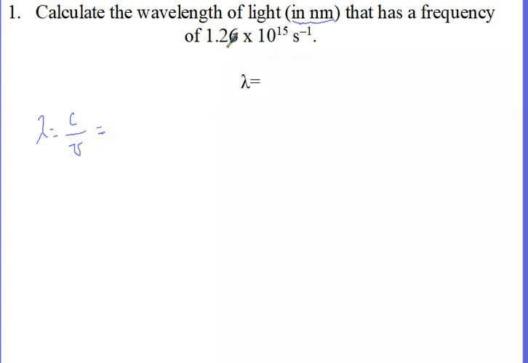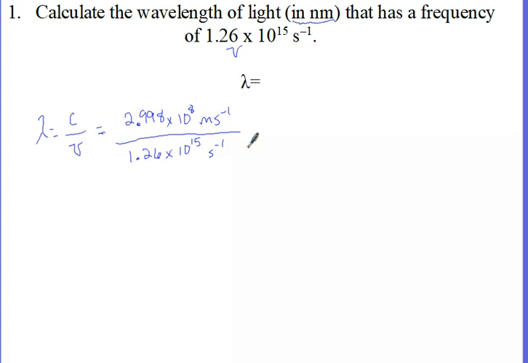We have our frequency right there given to us. So we're going to use our 2.998 times 10 to the 8th meters per second. And we're going to divide that by your 1.26 times 10 to the 15th per second, or hertz.